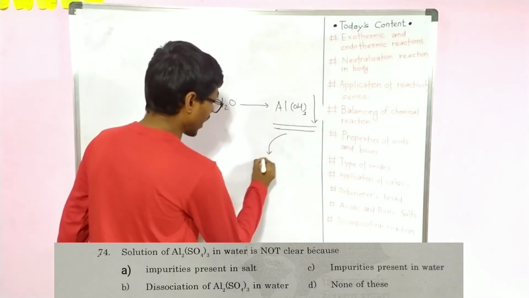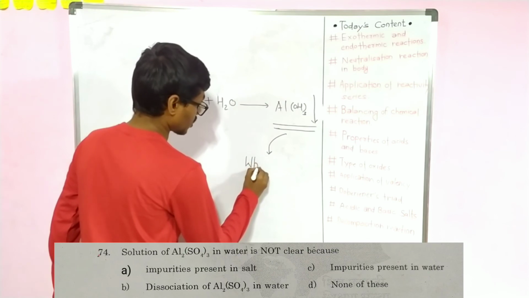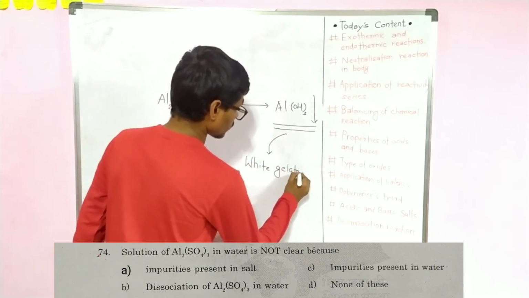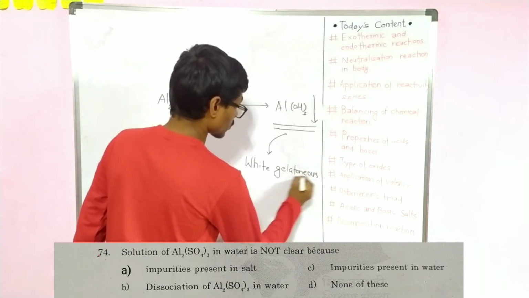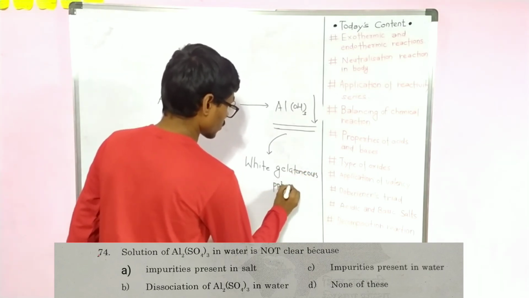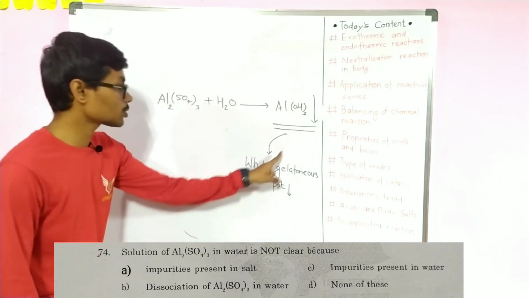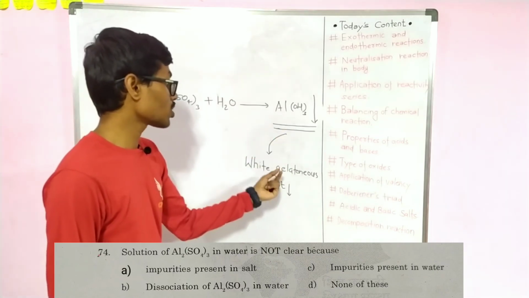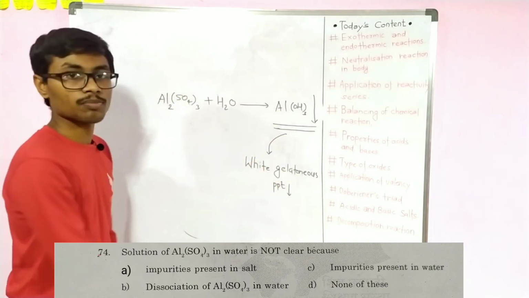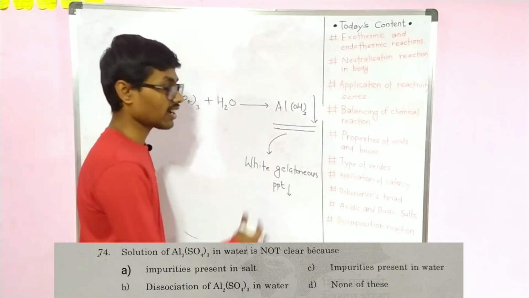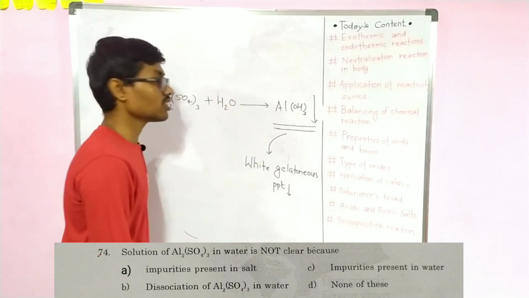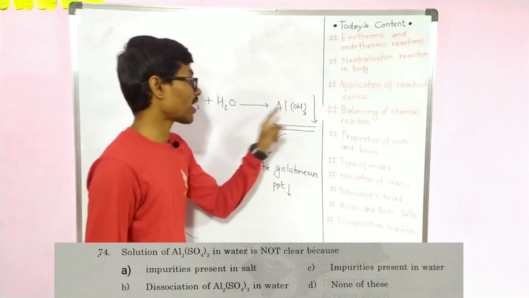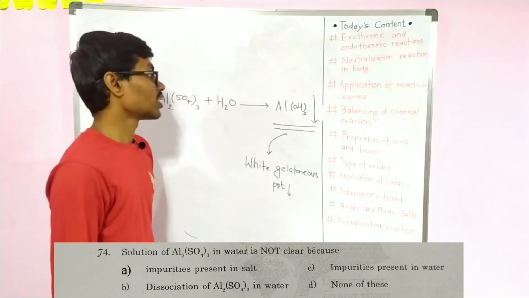It is called a white gelatinous precipitate. How can we remember it? It is like gelatin paper; it looks like gelatin paper when we take it in a test tube. Now aluminium sulfate when treated with water forms a white gelatinous PPT of Al(OH)3.